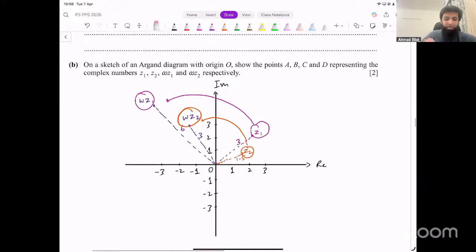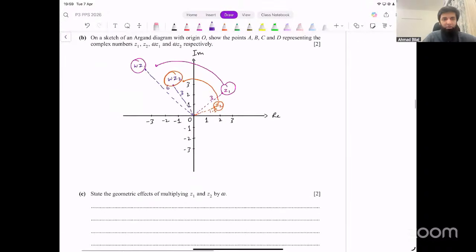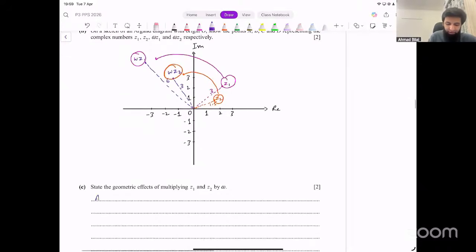Okay? So that's one thing that's happening. When we multiply by W, since the arguments increase by pi over 2, we can say there's an anti-clockwise rotation by pi over 2.